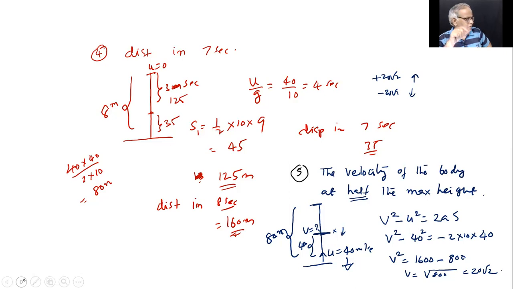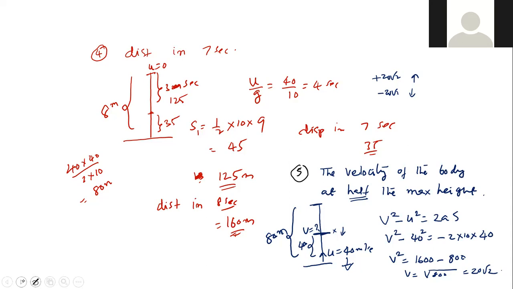Mokshagnya, are you doing the problem or not? Doing it. I mean, practically you need to write on the paper. Yeah, sir. Writing it. Okay. So can I just continue?